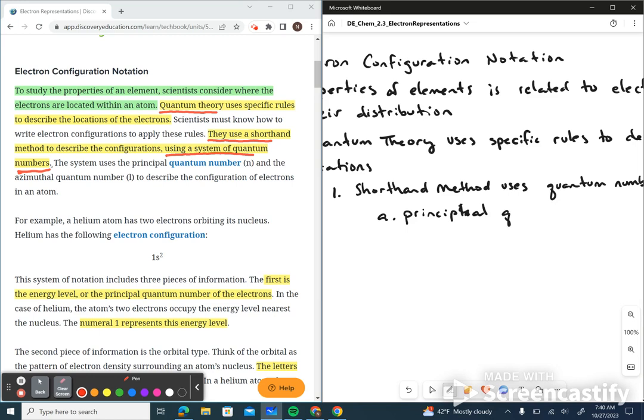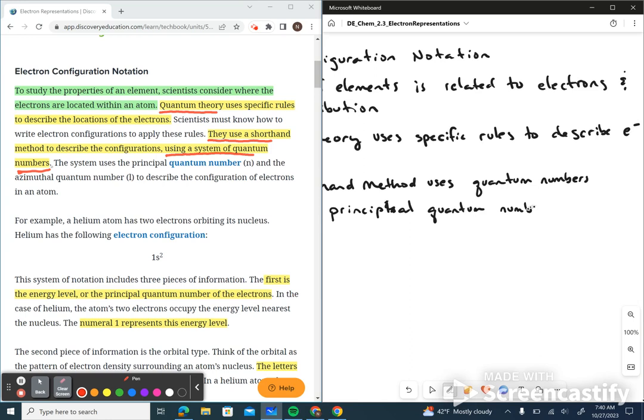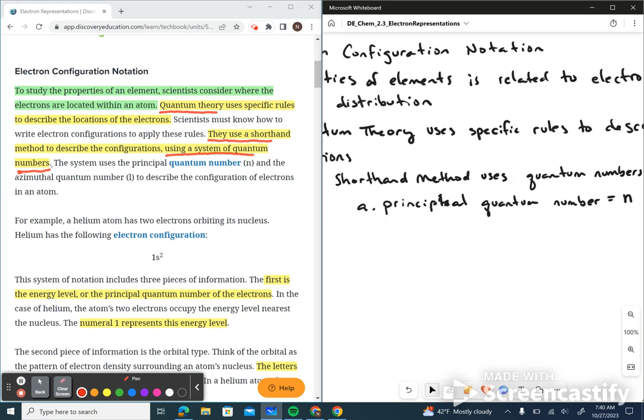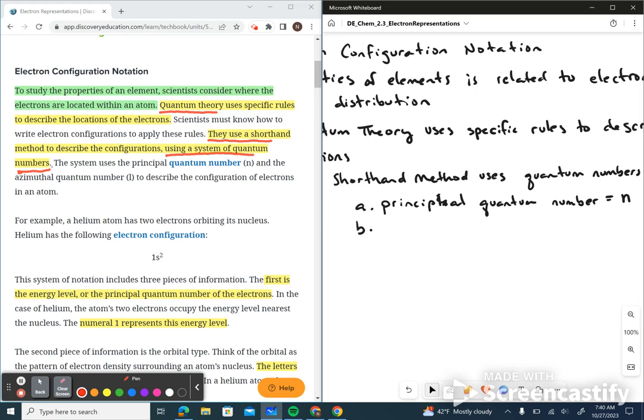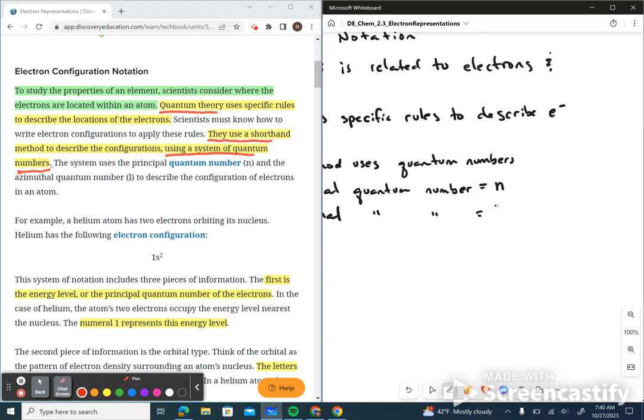principal quantum number was equal to n, right? The letter n. And then you had the second quantum number, which we called the azimuthal quantum number. And this was described by this kind of funny shaped L, right?